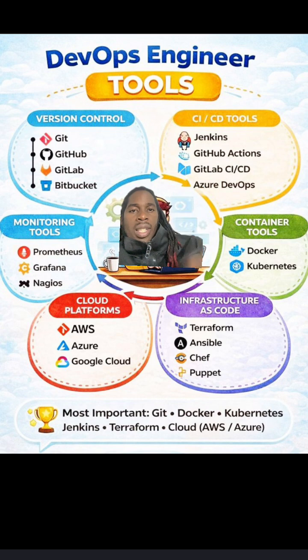Then down to this guy, which is infrastructure as code. We have Terraform, we have Ansible, we have Chef and Puppet. Terraform essentially allows you to deploy specific infrastructure as code, right? In terms of, like, you can create your VMs, you can create a certain fixed structure.